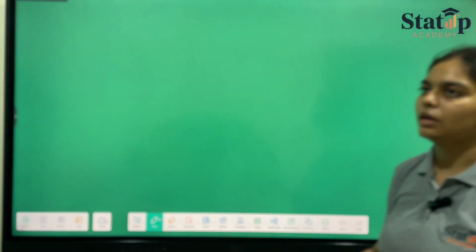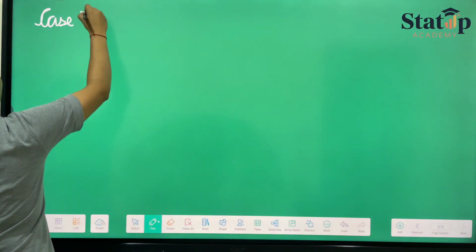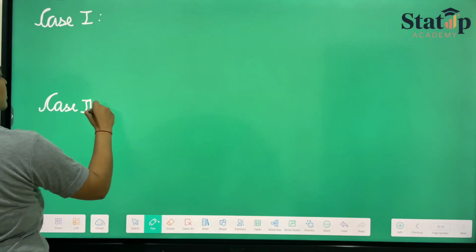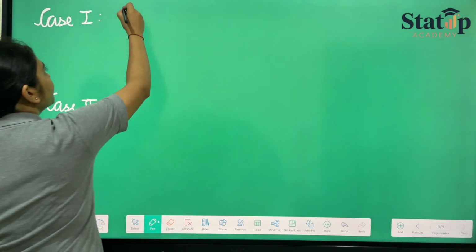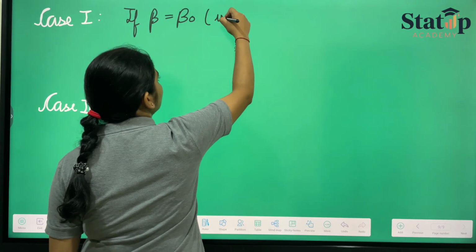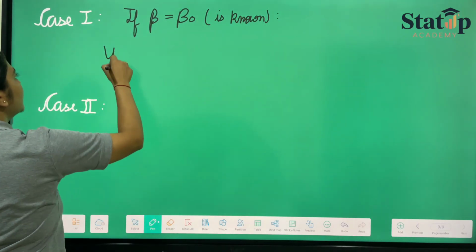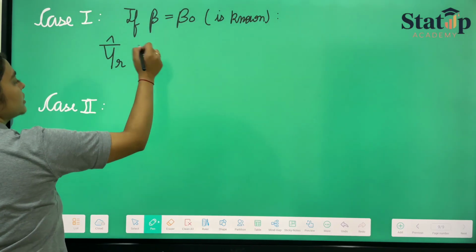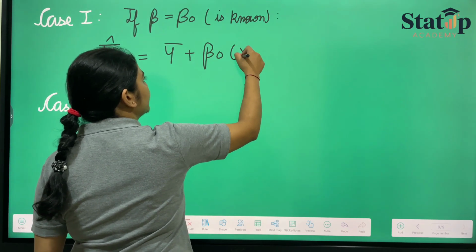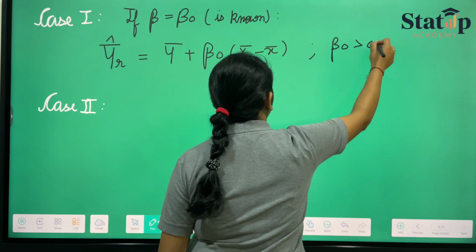There is one more thing in this regression estimator: case 1 and case 2. Case 1 says that if beta is equal to beta naught, known, if beta is known priorly, then we can say the mean of the regression estimator is nothing but y bar plus beta naught into capital X bar minus small x bar, where beta naught is greater than 0.